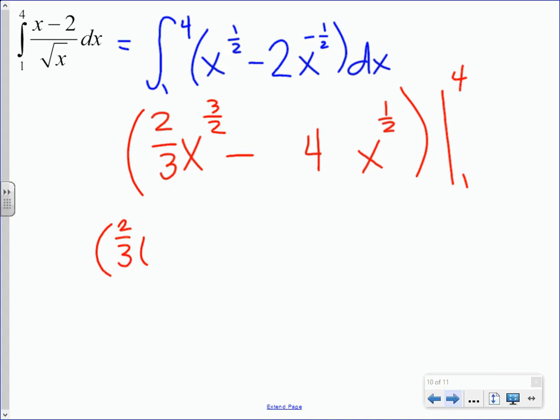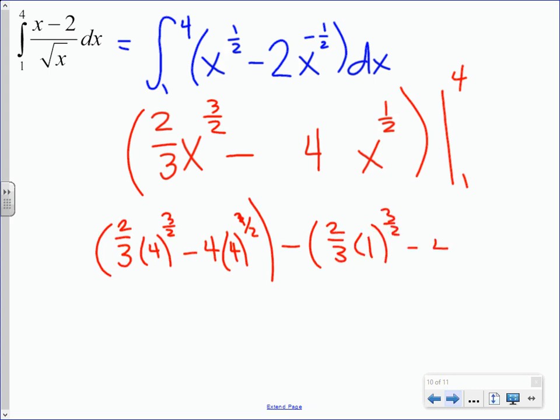So we're going to plug in 4 first, and plug in 1. Okay, 4 to the 3/2 we decided was 8 times 2/3, 16/3. This is 4 times 2.